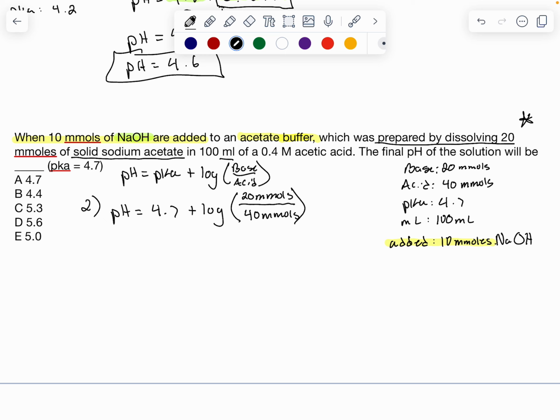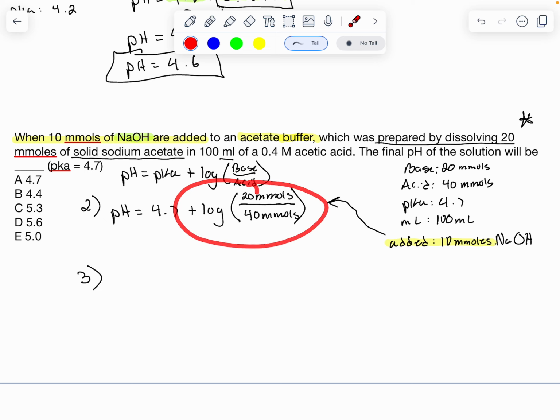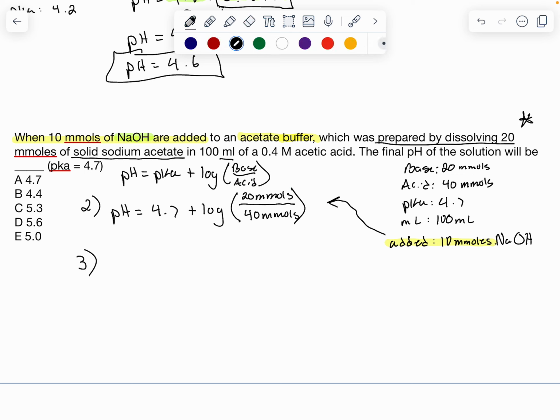So step 3 here is to add our extra base that we had. If I were to break this down, I'm going to flash this little log system down to right here for step 3. We know from the problem that we add 10 millimoles of base to this buffer.